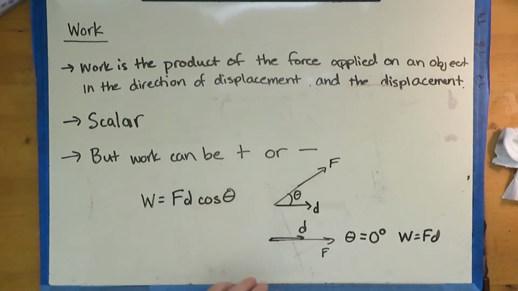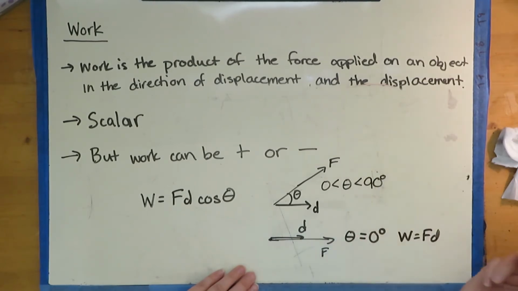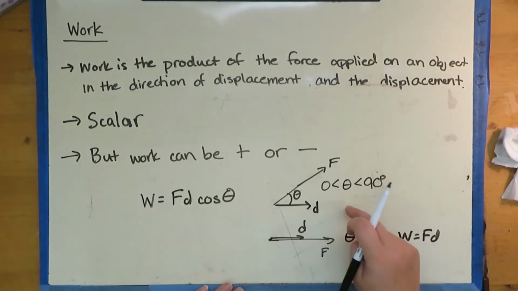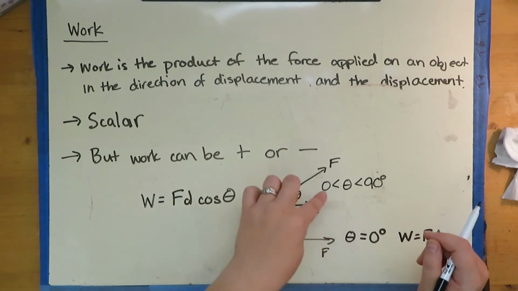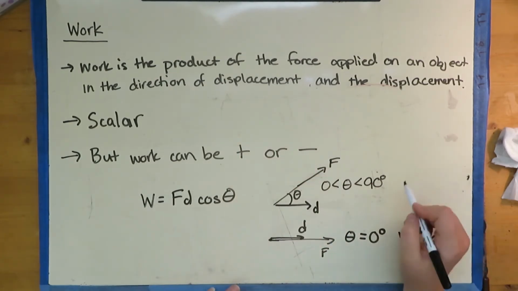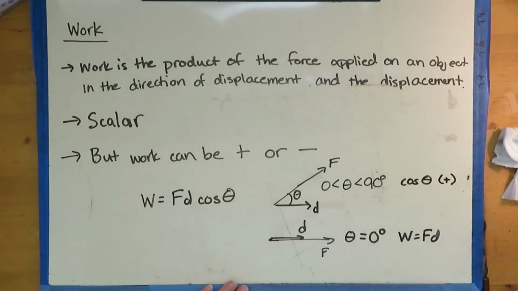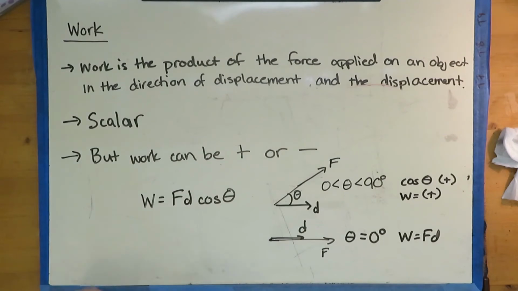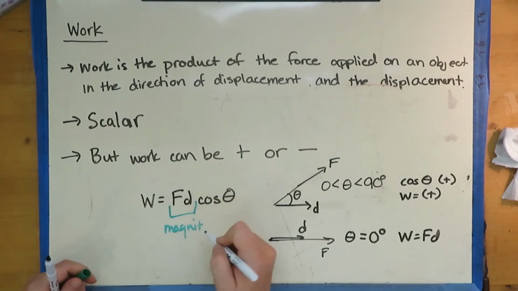So in this case, theta is going to be greater than 0, but below 90. And my cosine theta is positive. If you were to calculate cosine of any value between 0 and 90, your cosine theta is positive. So the work done will be positive, because here we're just looking at magnitudes. When you do this, this is just the magnitudes of those.